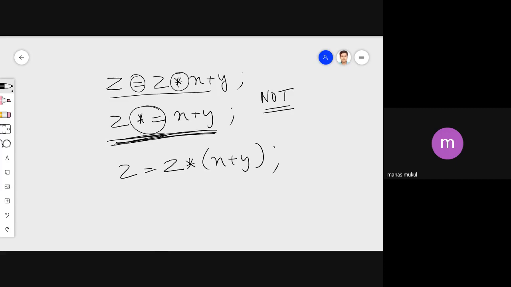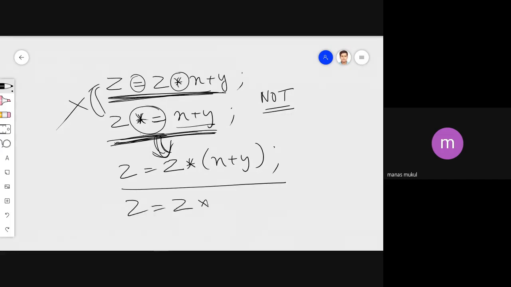When you write z into equal to x plus y, this is how it is going to get evaluated. So z is equal to z into x plus y is not equivalent to the one above. Did you understand this?